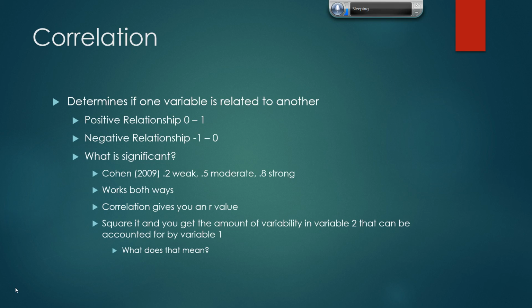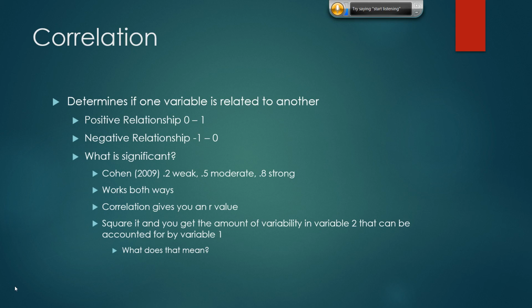For example, if we get a correlation coefficient of 0.4 and we square 0.4, we get 0.16, or 16% as a percentage. That allows us to say that the amount of variability in variable 2 that can be accounted for by variable 1 is 16%. That leaves 84% of the variability not accounted for.